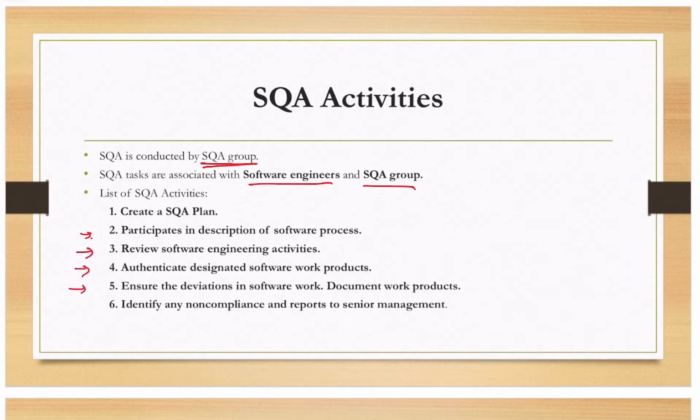The sixth one is identifying any non-compliance and reporting it to the senior manager. Non-compliance items are identified and tracked until they get resolved. Periodic reporting about it is done to the project manager.